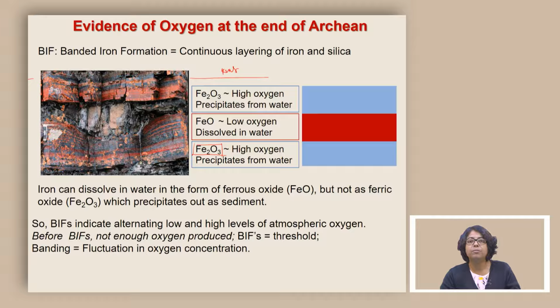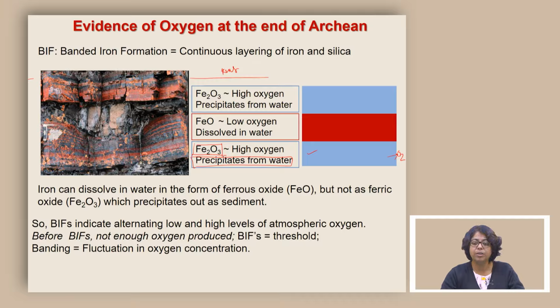It will convert to ferric oxide, and ferric oxide cannot be dissolved in water, it will precipitate. That is the rust. So, this blue layer is carrying all this precipitation of ferric oxide, and therefore it must be indicating a condition rich in oxygen, a high oxygen concentration.